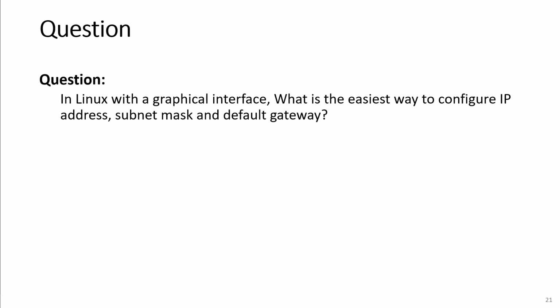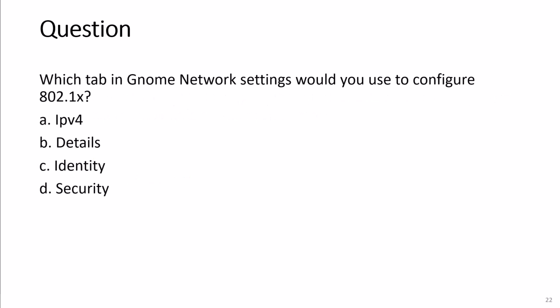Question. In Linux with a graphical interface, what is the easiest way to configure IP address, subnet mask, and default gateway? Answer. Use GNOME settings. Question. Which tab in GNOME network settings would you use to configure 802.1X?